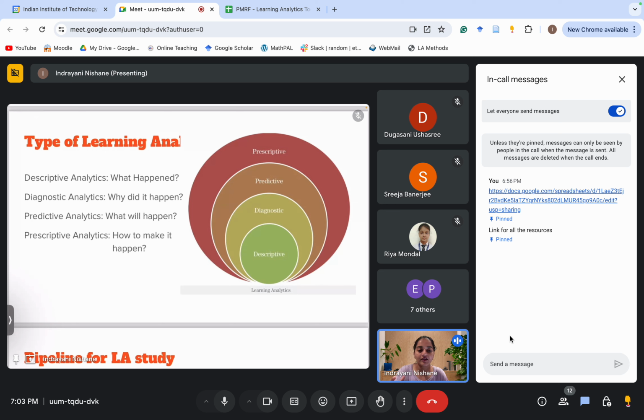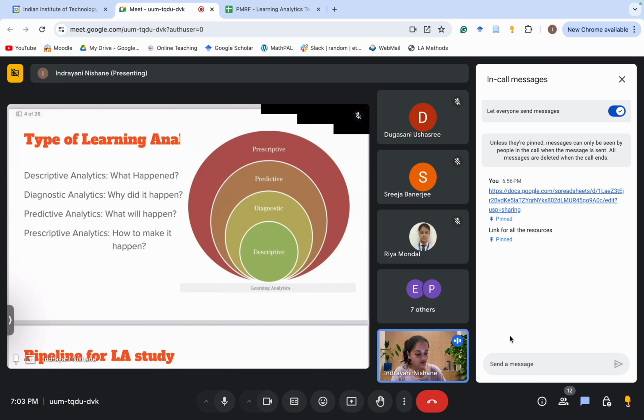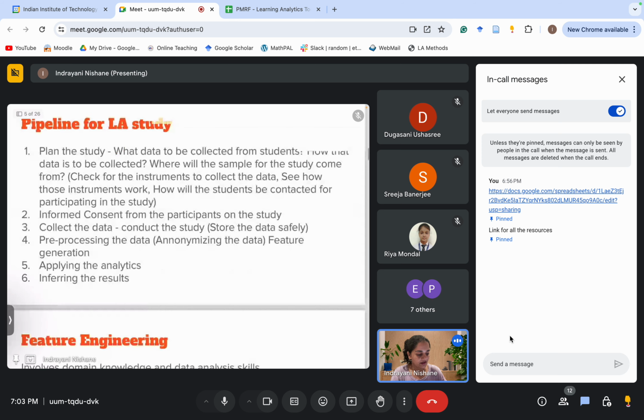Why we need to predict is so that we can optimize the learning experience or the learning environments through prescriptive analytics. If we are able to predict at-risk students, then teachers and educators can take steps to mitigate failures or dropout rates in the course. Yeah? So this was about types of learning analytics.